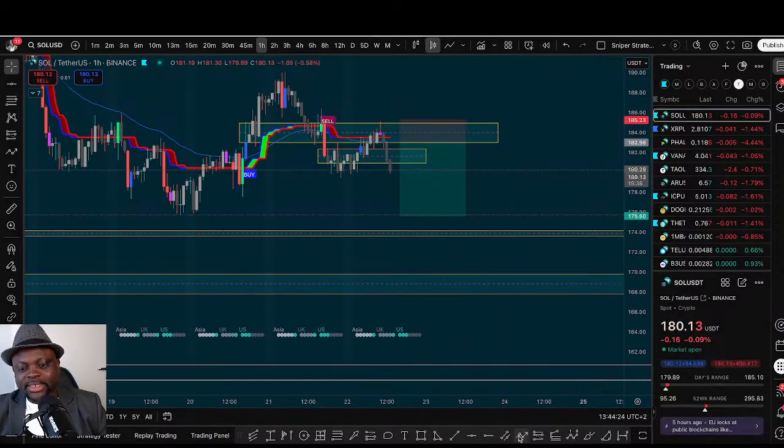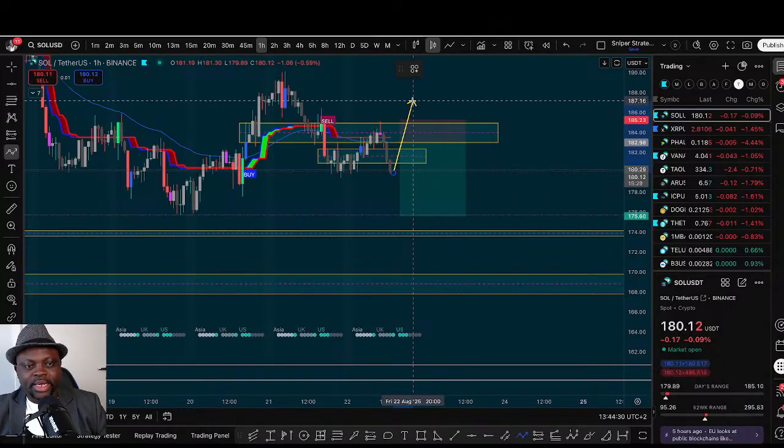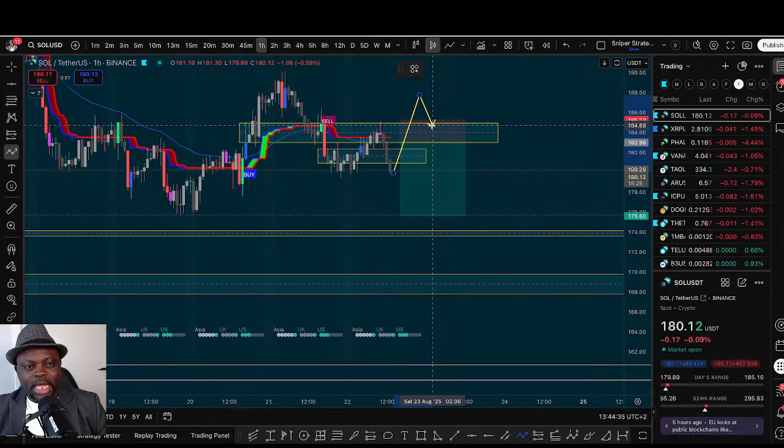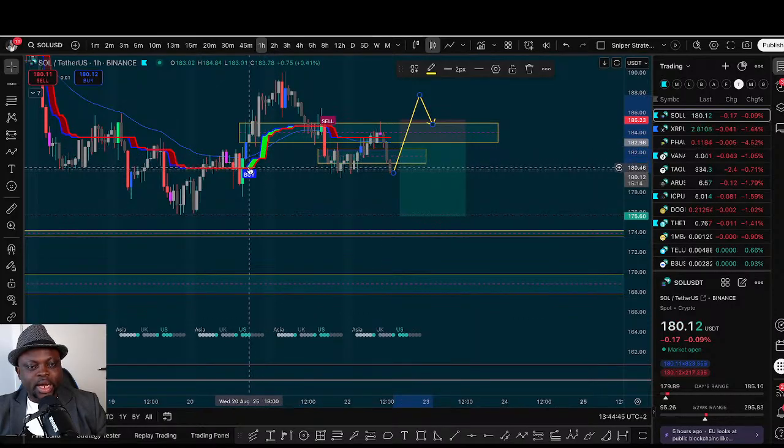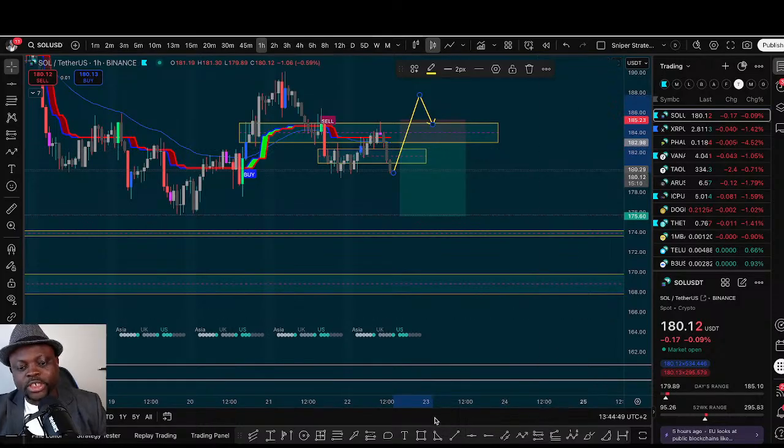You want to see price go right up there, break at least, pull back there. That's when you're buying. Simple. You put your stop loss just below this area where the buy signal was created. So this is how you're gonna set it up.